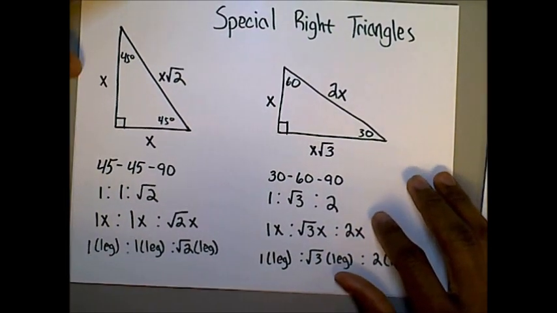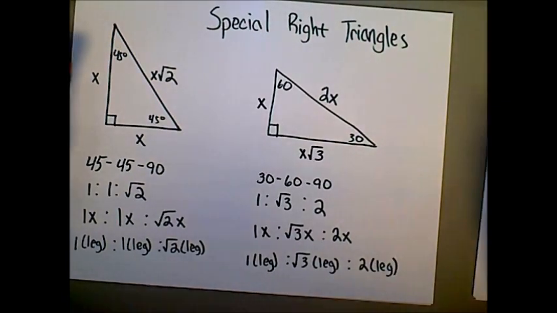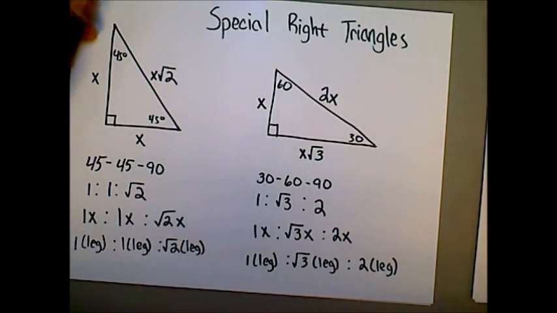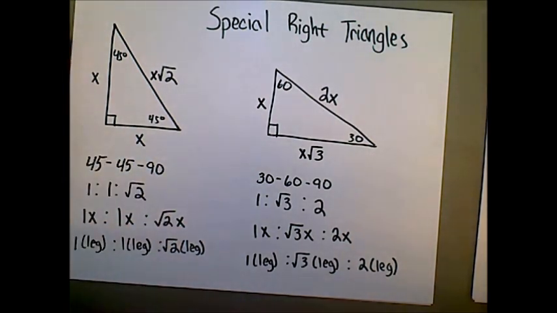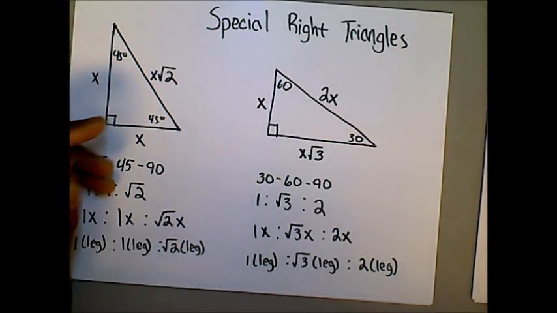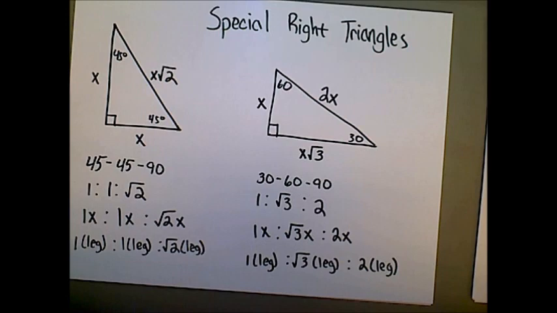We're going to talk about a couple of examples of special right triangles, but I went ahead and wrote these notes down as a way to consolidate time and maximize the examples. The first type is the 45-45-90. The relationship between its sides is a 1 to 1 to square root of 2 ratio.